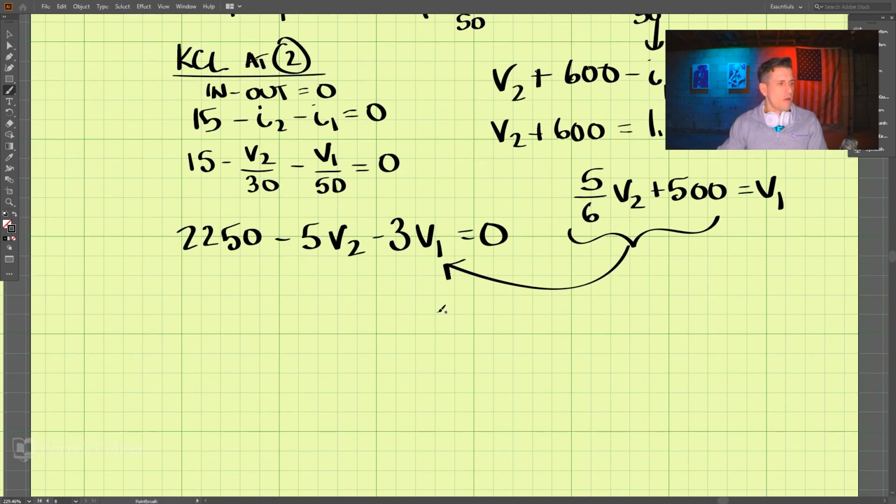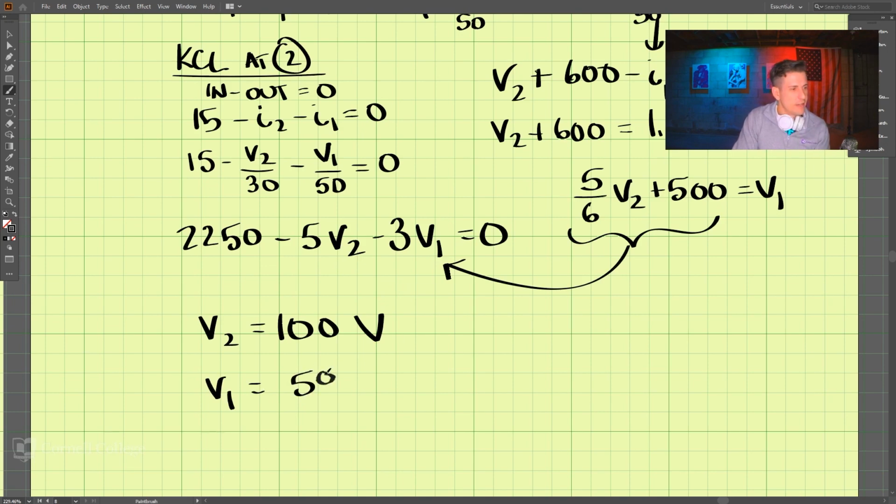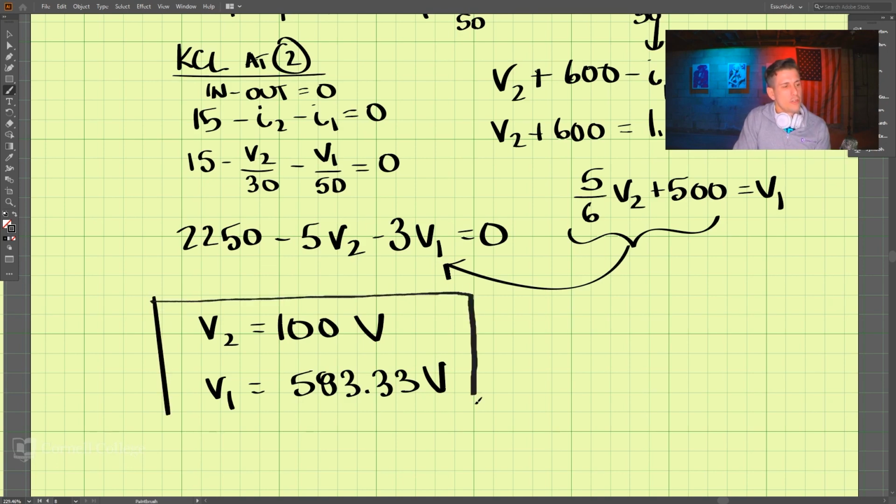And solving now, let's see what that comes out to be. It looks like V2 is equal to 100 volts. Does that work out? And V1 is equal to 583.33 volts. So those are the two voltages we were looking for, and that is the solution to this problem.